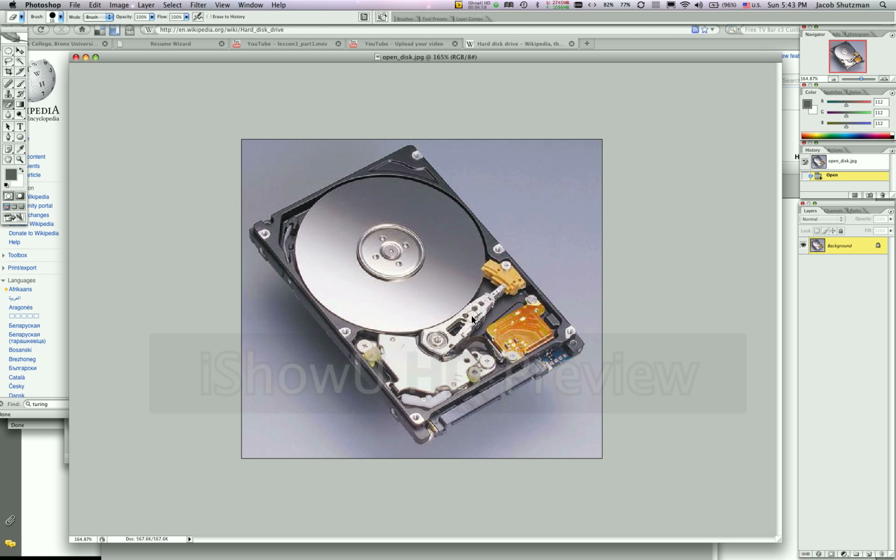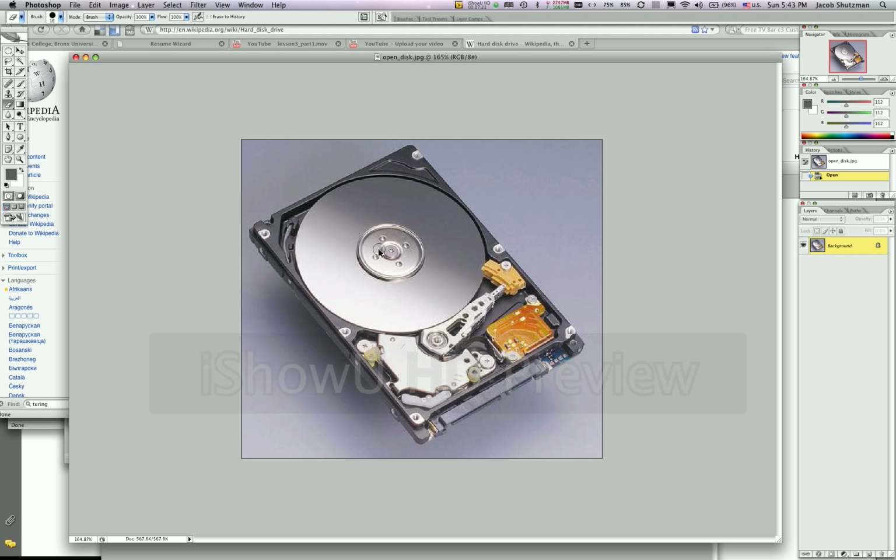And this is the read and write head over here, and this is the arm. When the disk starts working, the arm will go this way and stay here, and then the read and write head will move back and forth, and the disk spins, and it has a motor behind it.